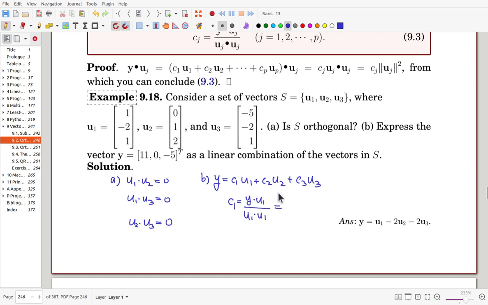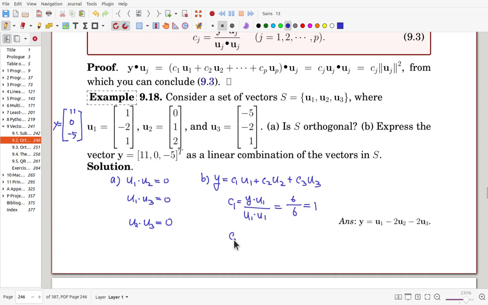We'll try to write down y vertically so it's easy to handle. So that y is 11, 0, minus 5. That is 6 divided by u1 dot u1, which is 6. So we have 1.